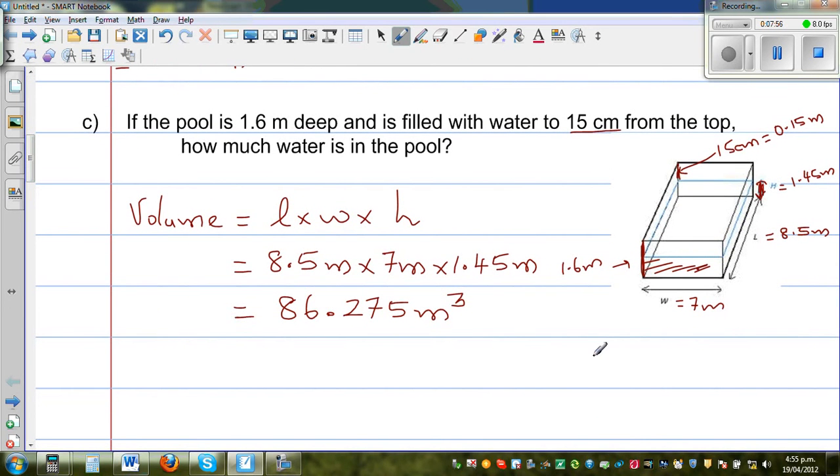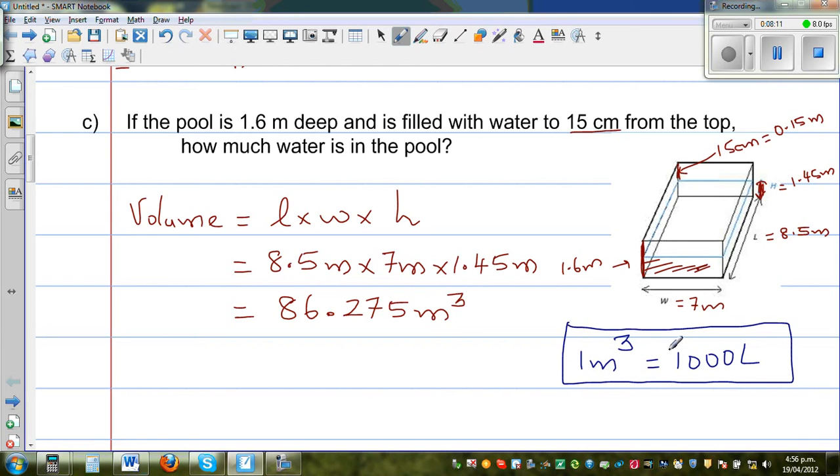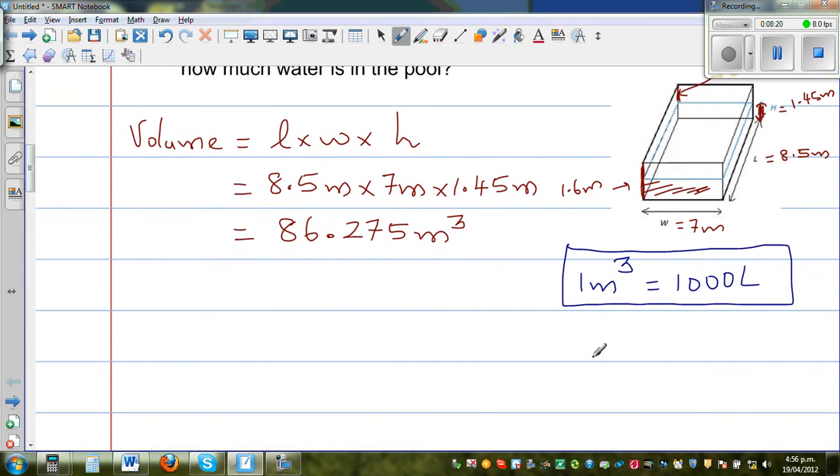Okay, now one fact you should know, that 1 meter cube is equal to 1000 liters. Now this is a fact you should be knowing, but if you don't know, it may be there in your formula sheets. Okay, now 1 meter cube, students don't understand what is 1 meter cube. Imagine a cube of 1 meter by 1 meter by 1 meter. So let me draw a simple sketch of a cube.